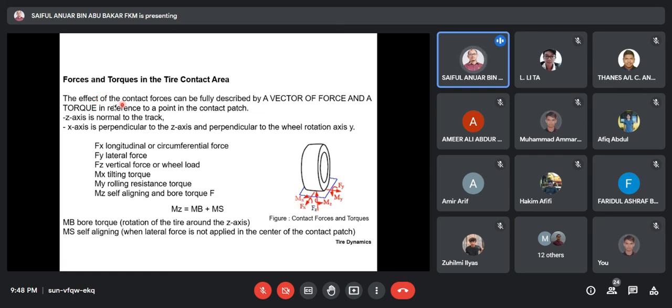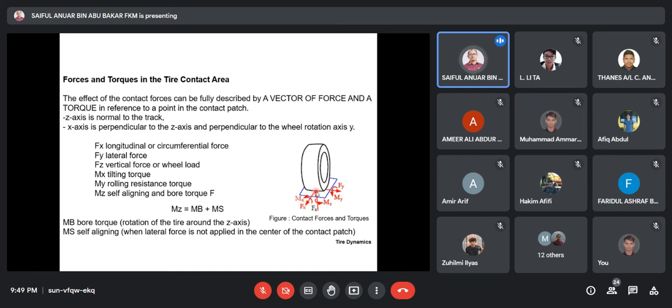The effect of the contact forces can be fully described by a vector of force and torque or moment in reference to a point at the contact point. The Z axis is normal to the track, which is this one. The X axis is perpendicular to the Z axis. This one uses the same axis system as we use for the chassis.